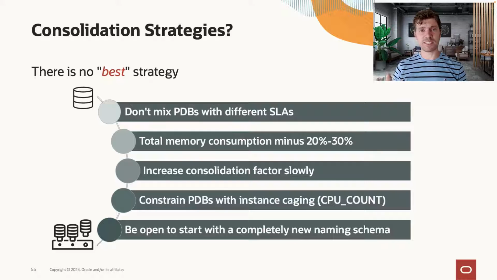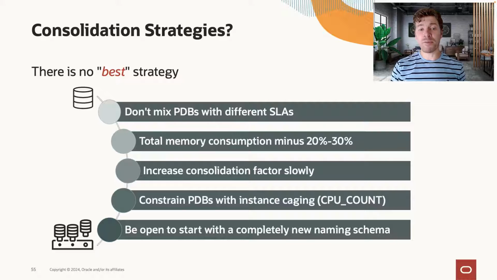So for example, let's say one of your PDBs you can turn off on Saturday evening and the other one only on Sunday evening. Don't mix them on the same CDB because it will be very hard for you to find a maintenance window that can fit both of them, for example, for doing an upgrade or some kind of maintenance.